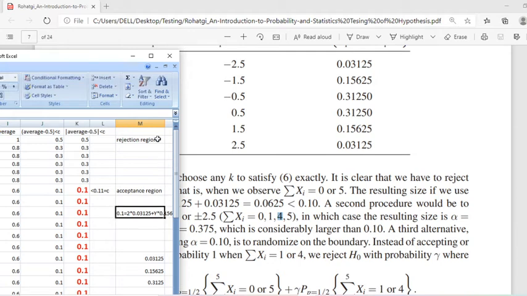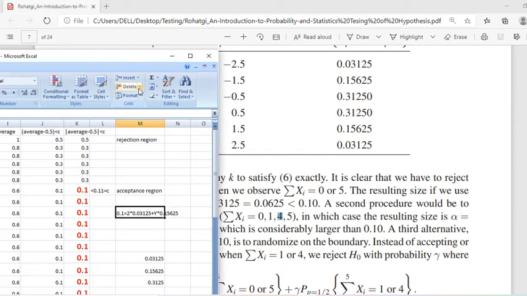Okay, so using this formula we can find the value of gamma.